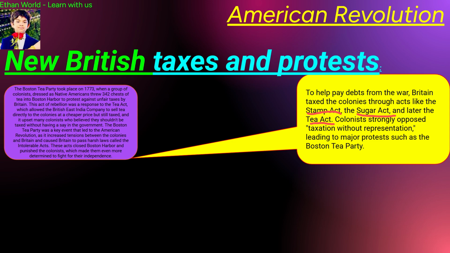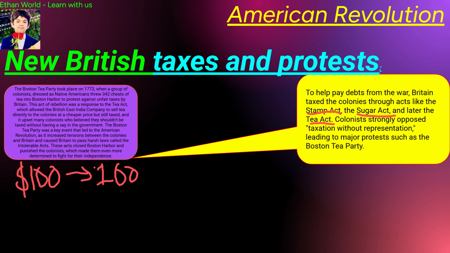But this act of rebellion was a response to the Tea Act, which allowed the British East India Company to sell tea directly to the colonies at a cheaper price but still taxed. The catch. Of course. So let me give an example. So there's tea at $100, and it's taxed to make it $110.